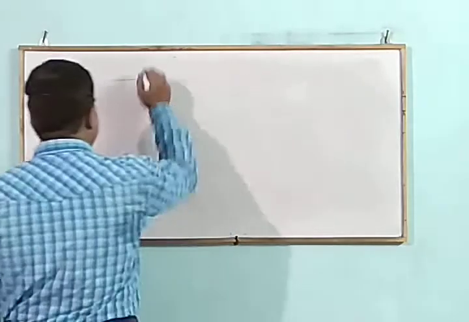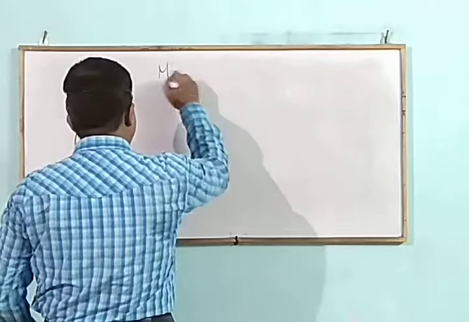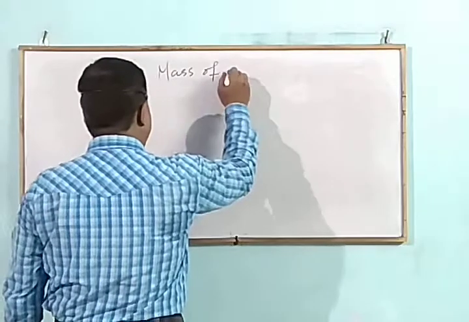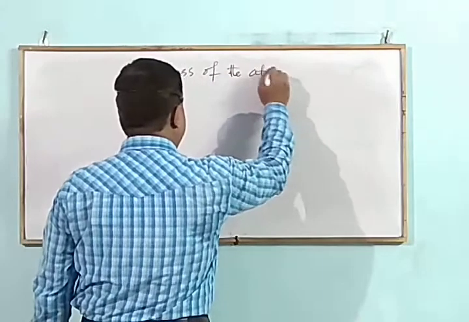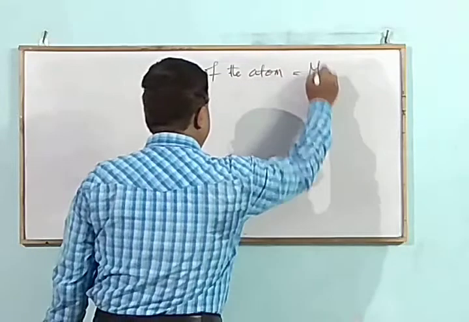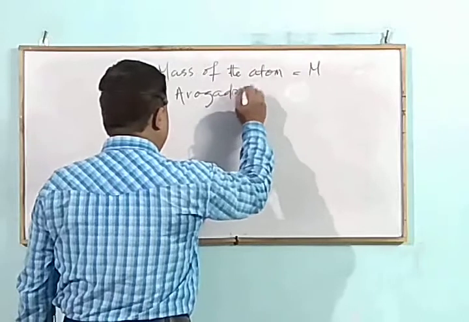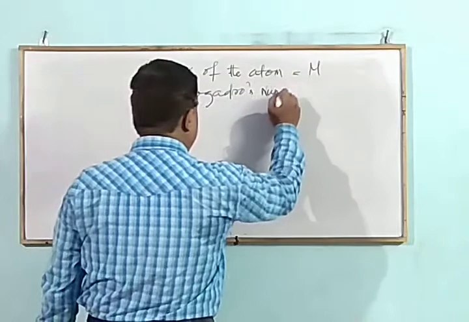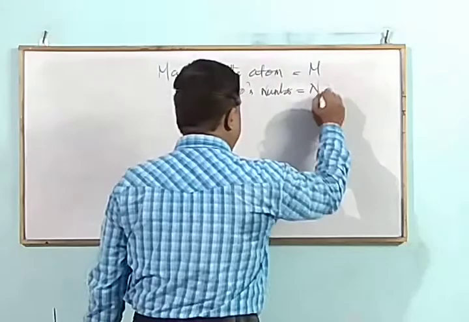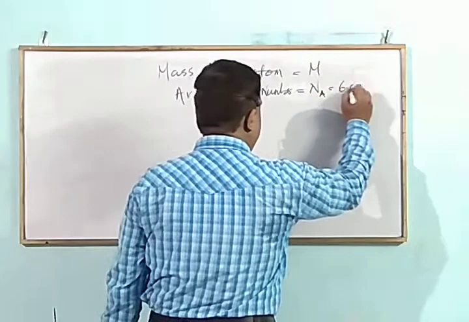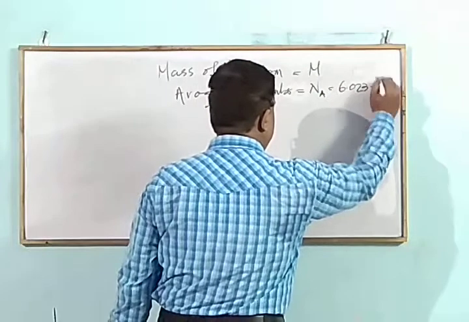Next term is mass of the atom, symbol is M, and Avogadro's number, symbol is capital Na, that is 6.023 into 10 to the power 23.